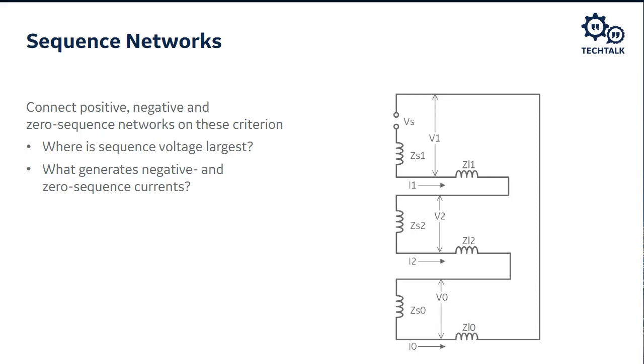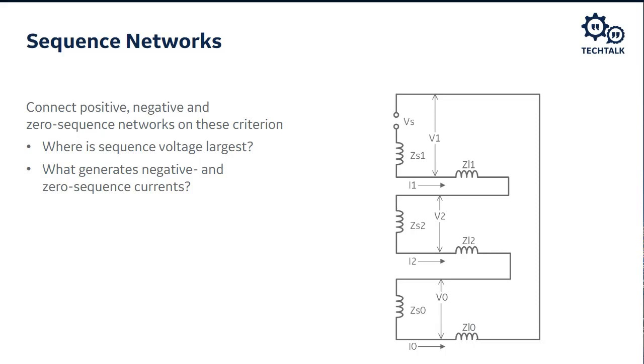Now, these networks are discrete, just like the individual components are discrete. What I'm actually showing here is the way that these networks connect together for a phase-to-ground fault, right? So these 3 networks have to connect together some way, and the way they connect together for a phase-to-ground fault is they're in series, like I show them here.